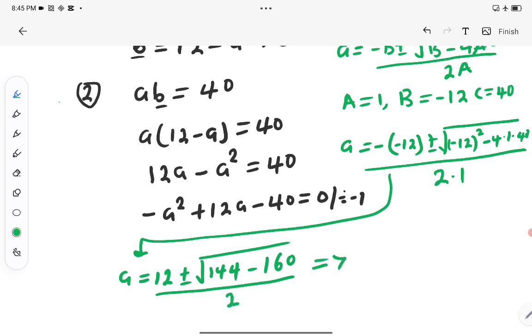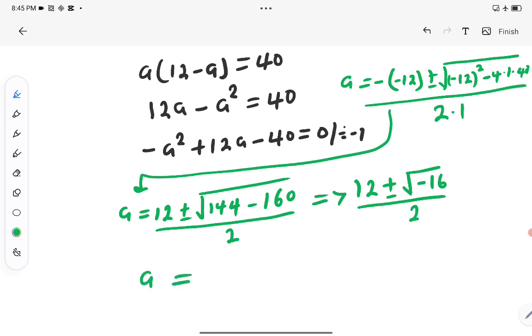This is the same thing as 12 plus or minus square root of 144 minus 160, that is minus 16, over 2.